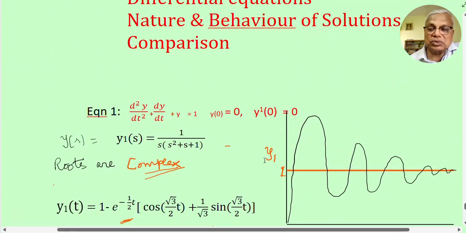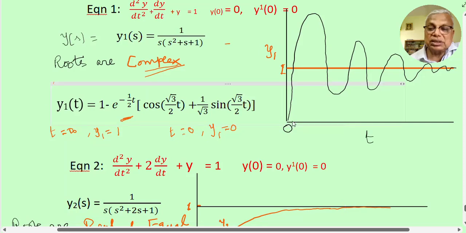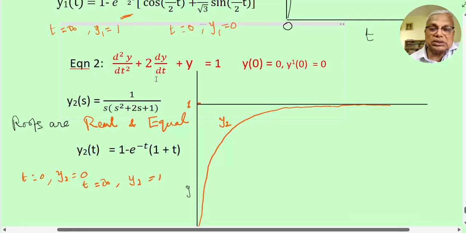In all three cases, the solution rises from 0 at zero time to a final value of 1. But when the roots are complex, there are going to be oscillations, and successively the oscillations decrease and decay to a constant value. When the roots are real and equal, there are no oscillations. The y value rises smoothly, and we'll say a little faster compared to the third case.